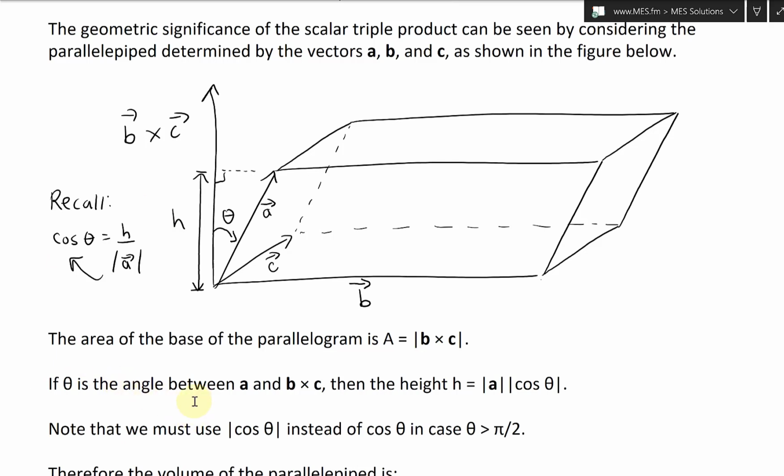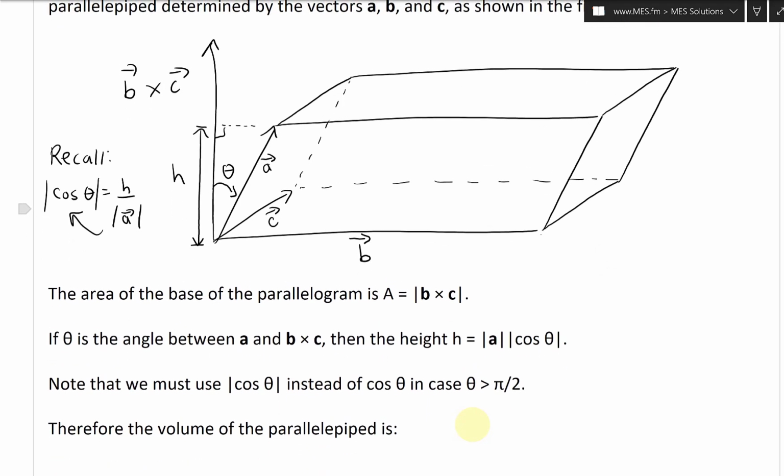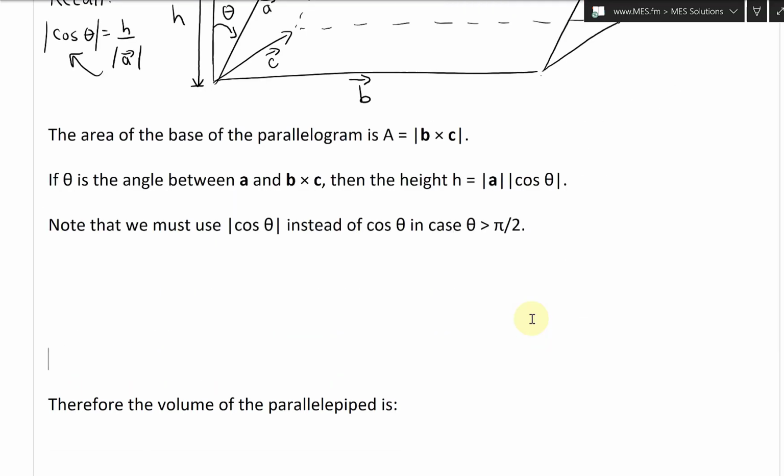And note that we must use the absolute value of cosine instead of just cosine, in case theta is greater than pi over 2. I'll put this absolute value sign like that. And that's because, if you recall, cosine goes like this and becomes negative past pi over 2. Here I'm just going to draw that out.